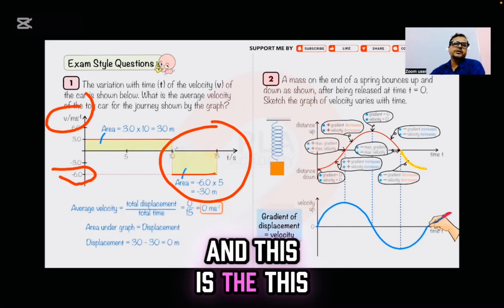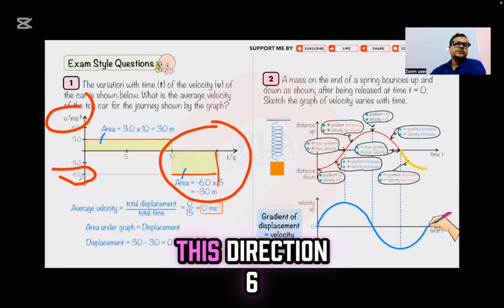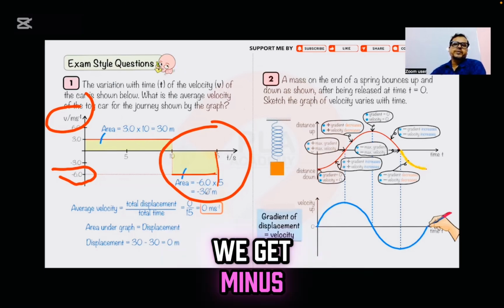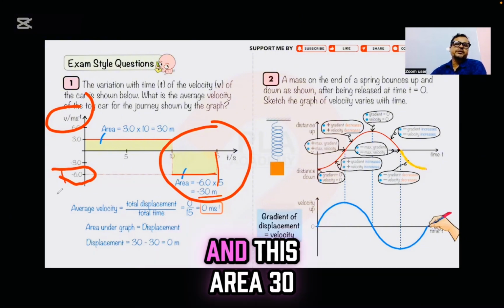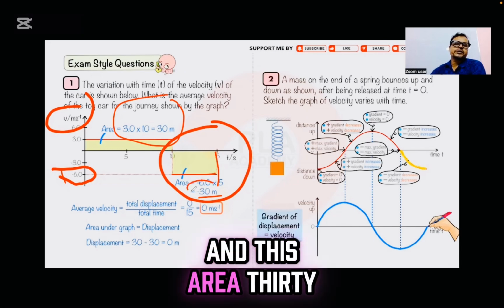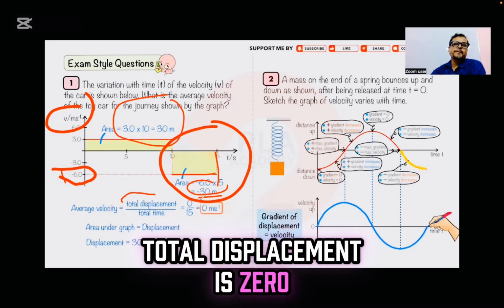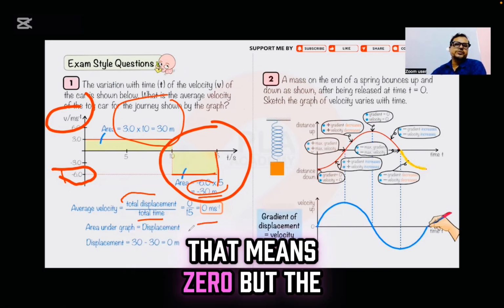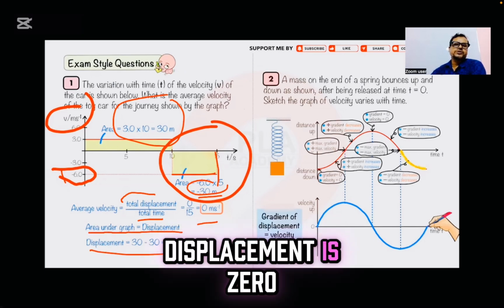This is the direction, this 6 is the velocity, which means we get a minus sign. This area is 30, and this area is 30. The total displacement is zero because 30 minus 30 is 0, and the total time is 15, that means 0. The area under the graph gives a displacement of 0.